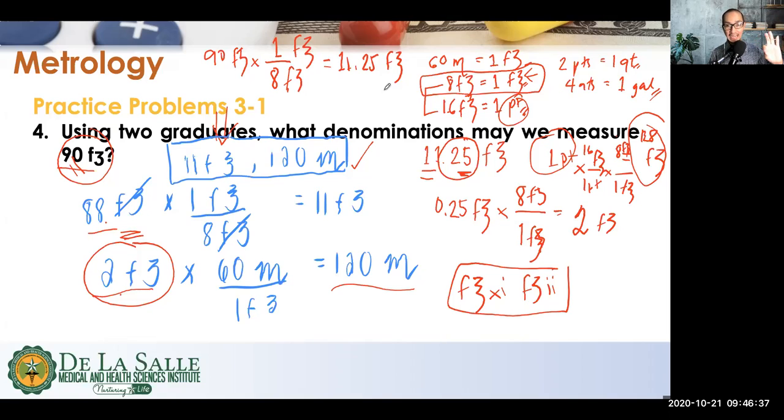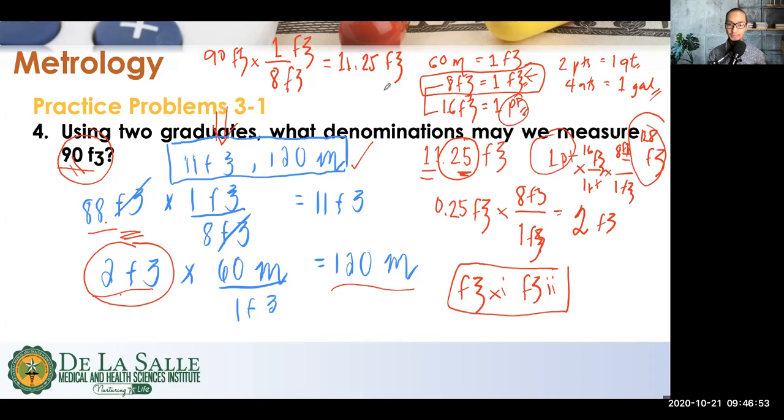So wala siyang point something. Unlike your burette or your pipette, there are smaller subdivisions in between the units. So wala tayong 0.25.